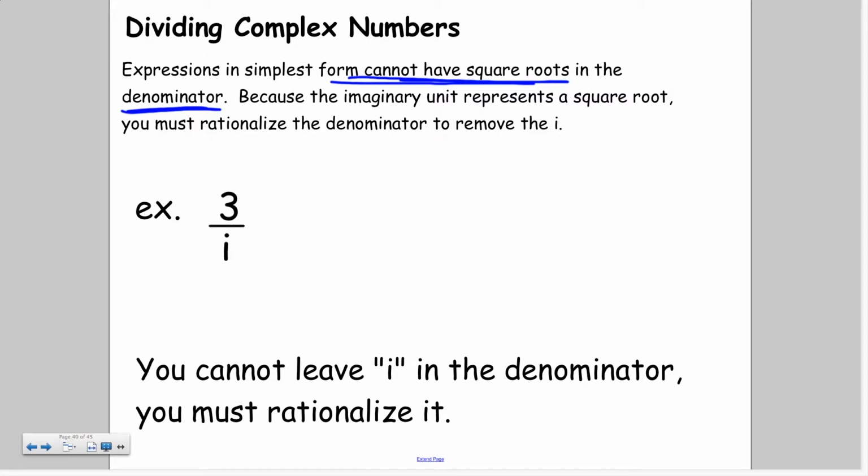Some of you have already encountered that just from simplifying imaginary numbers under the square roots when there was fractions and stuff. Because the imaginary unit represents a square root, you must rationalize the denominator to remove the I. So in other words, we cannot have I on the bottom, all right? We need to rationalize it.